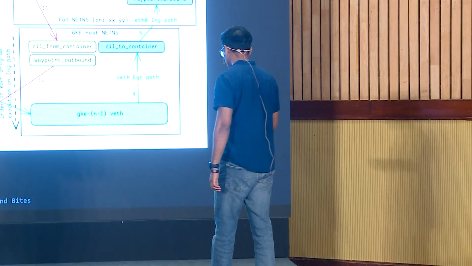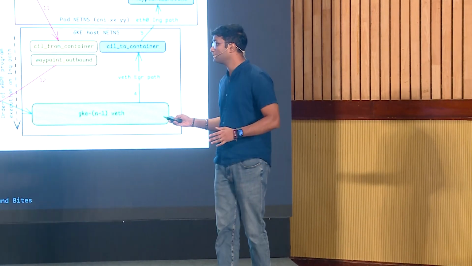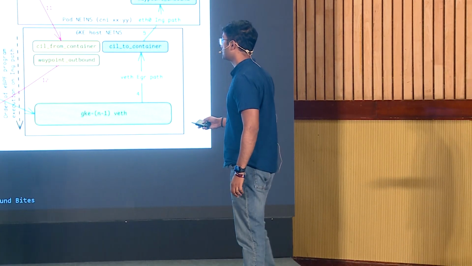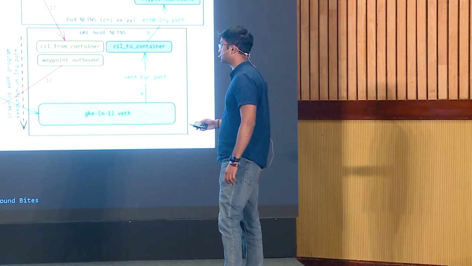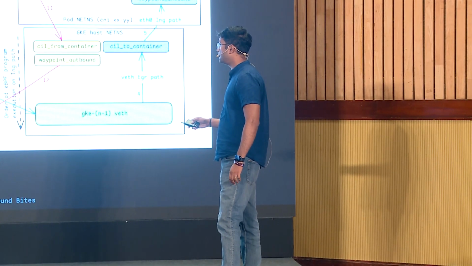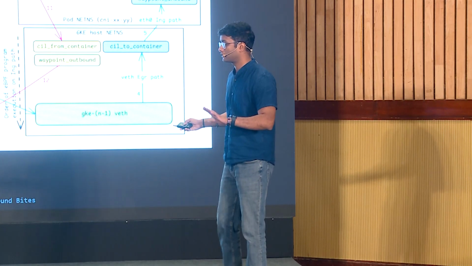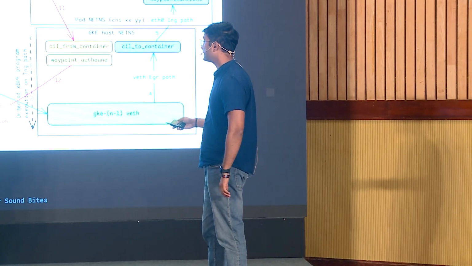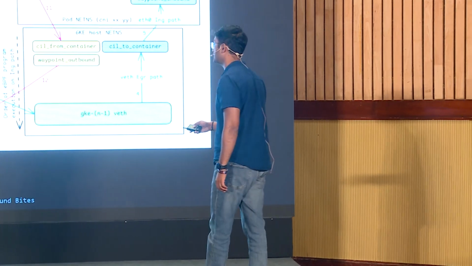So I just zoomed into the view that we saw from the last slide, where you have the workload pod here, and this is the host in which this particular pod is running. When you make a call to another service, let's follow this blue path, the packet will end up on the cil_from_container eBPF program, which is default.